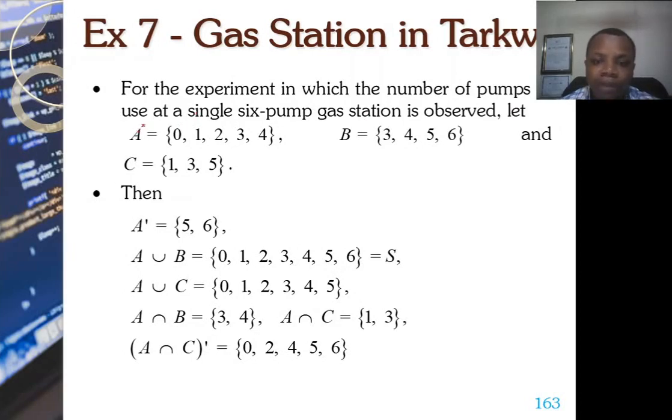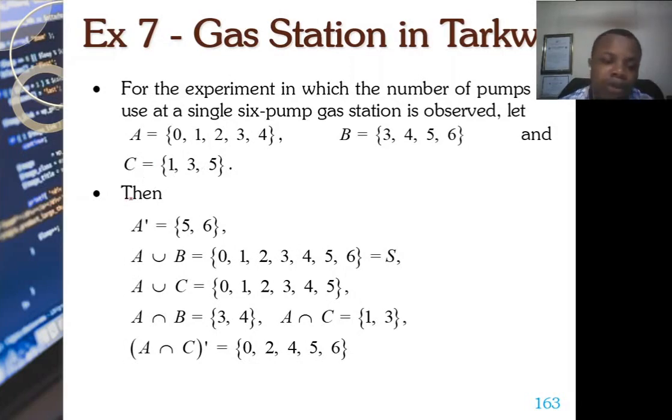Suppose that we have an event A where we have 0, 1, 2, 3, and 4 pumps being used, and also an event B where we had 3, 4, 5, and 6 pumps being used. And finally, an event C where we only have 1, 3, and 5 pumps being used at a certain time.